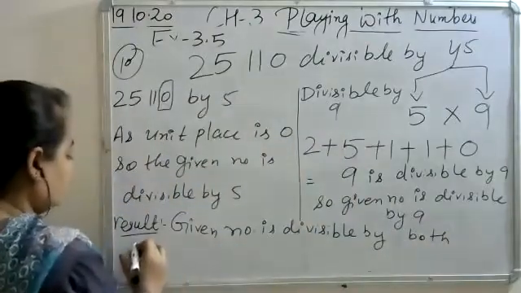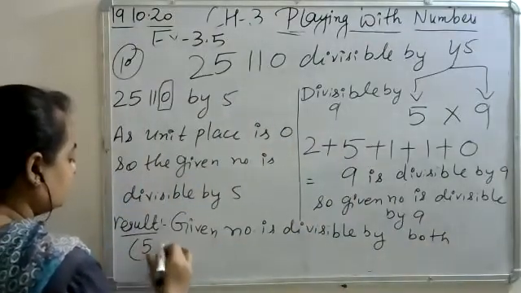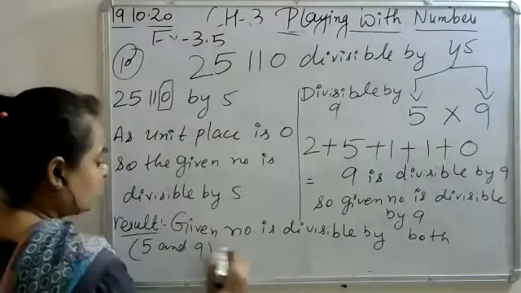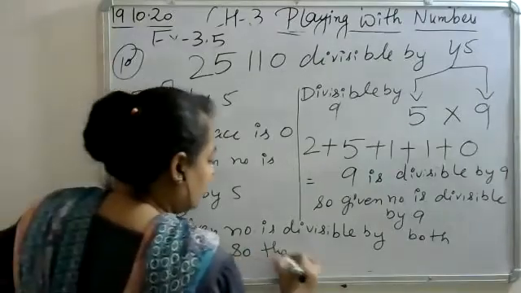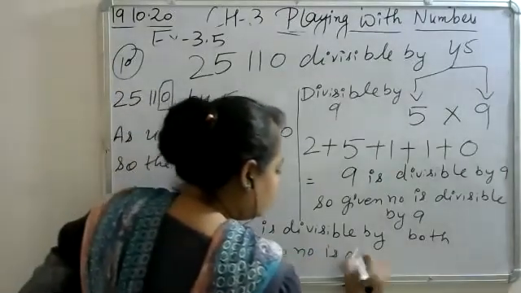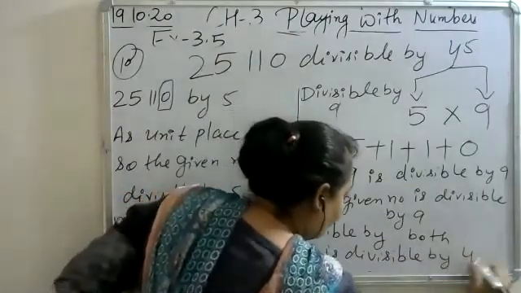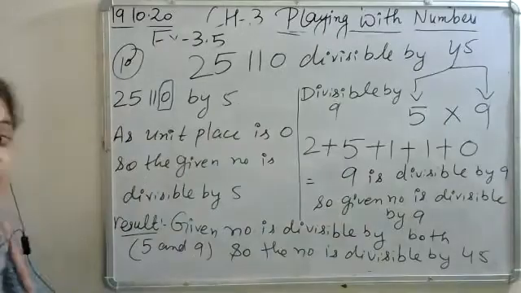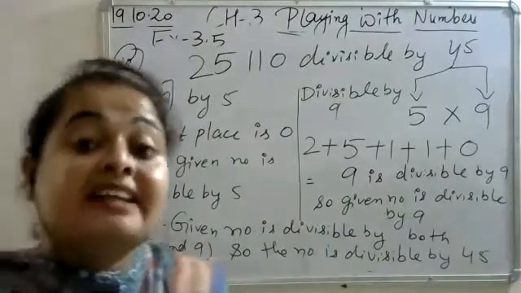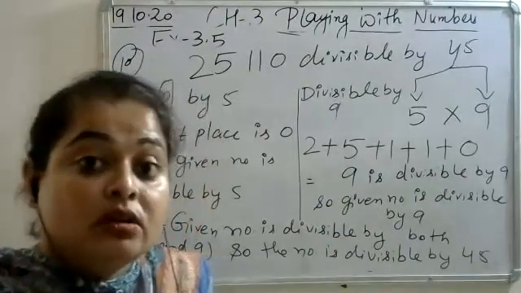Both means 5 and 9. So, the number is divisible by 45. Check the divisibility rule that I have sent in the video.